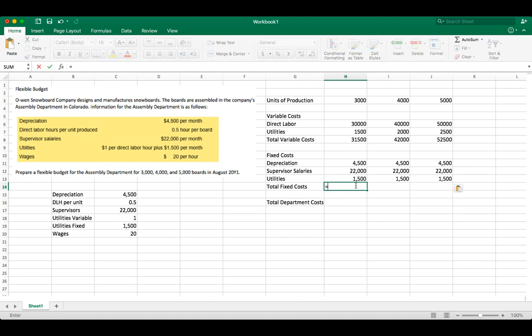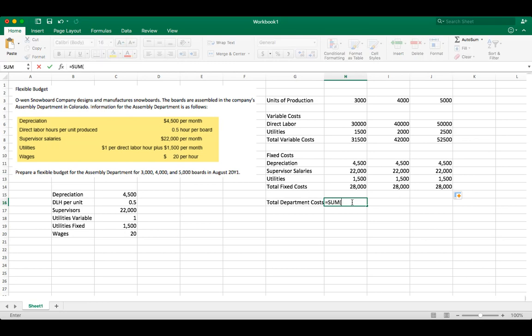Your total fixed cost, the formula for this is going to be the sum of this one through this one. Now when I carry this over from that little thing, it does the same thing.